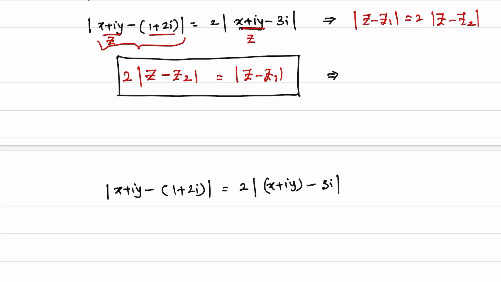This is the modulus, because it is x plus iy minus z1, where z1 is 1 plus 2i, and 2 into x plus iy minus z2.